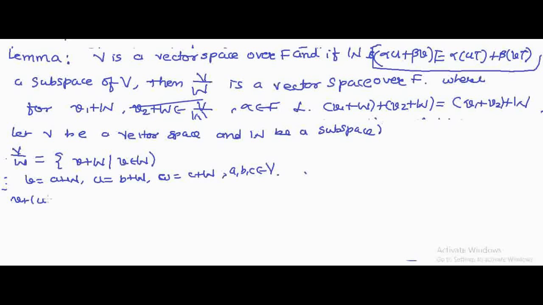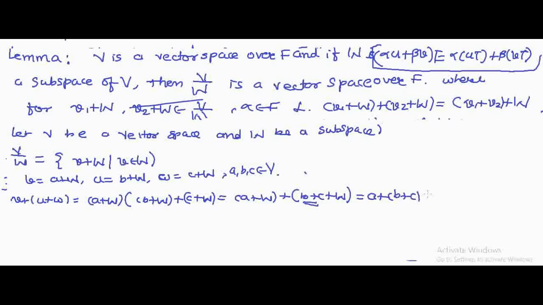V plus U plus W: V means A plus W, U means B plus W, and W means C plus W. This is equal to A plus W plus B plus C plus W. This is another element, equal to A plus B plus C plus W. But for this we can use the associative property, since these are elements of a vector space, and in a vector space the associative property is satisfied.